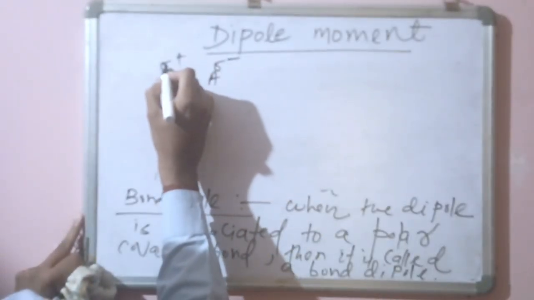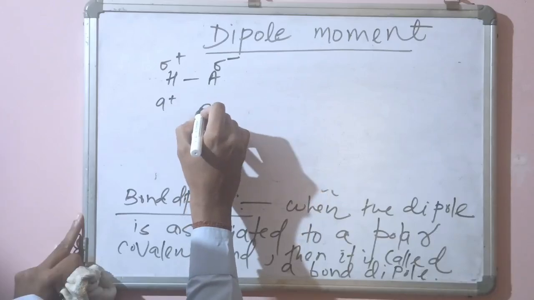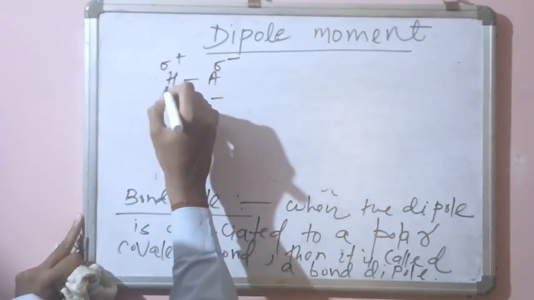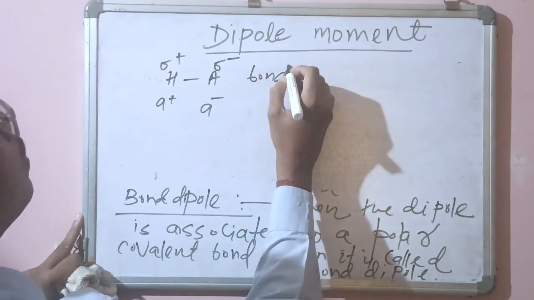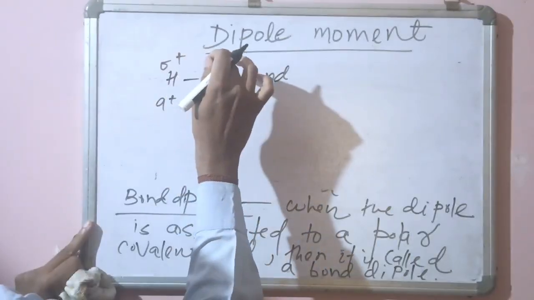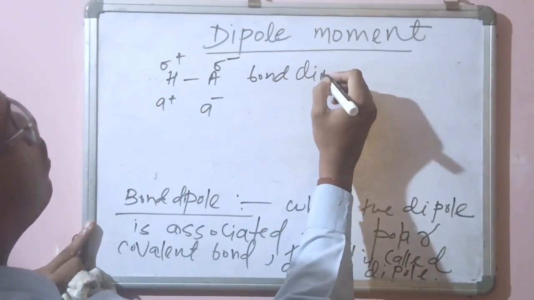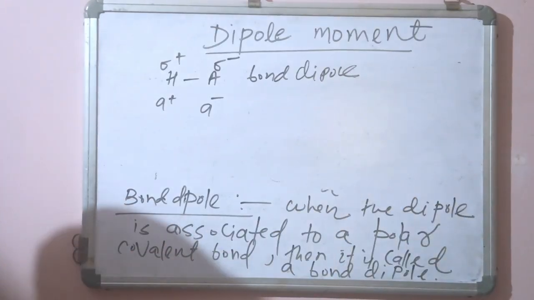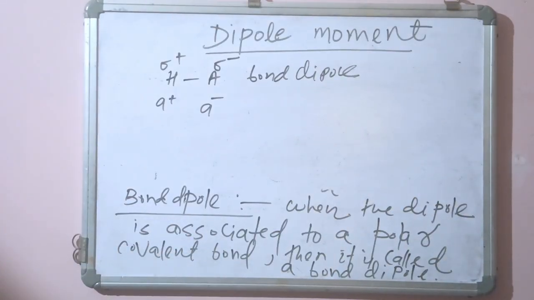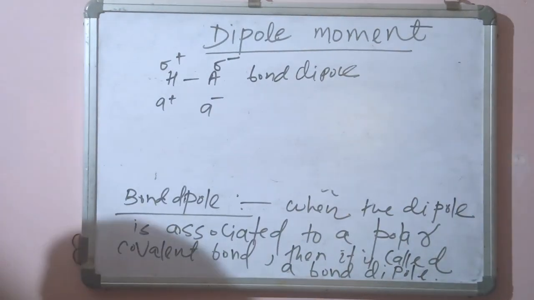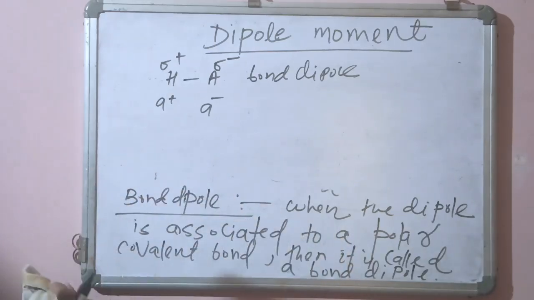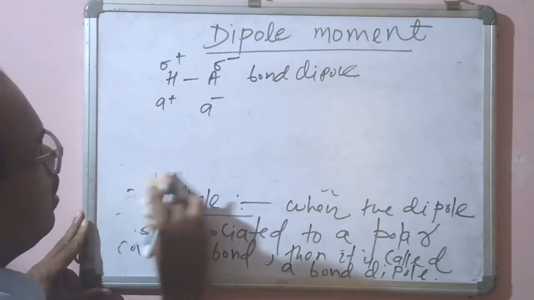And that is the Q plus charge, and this is the Q minus charge, and that is called a bond dipole. The positive and negative are separated by a covalent bond, so when a dipole is associated with a polar covalent bond, that is called a bond dipole. Okay.